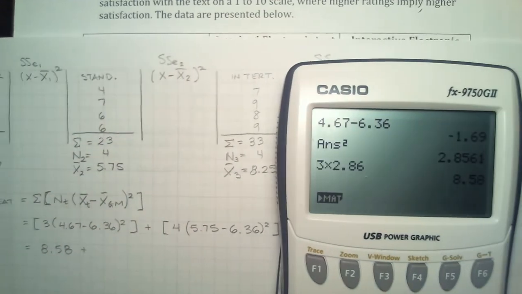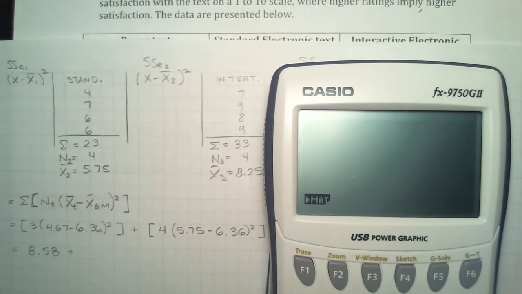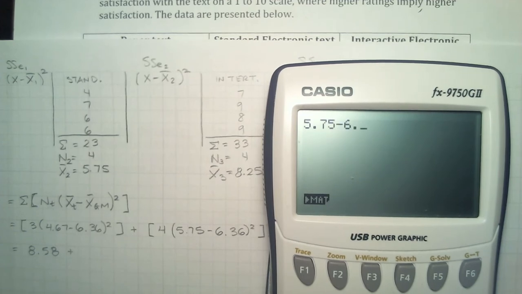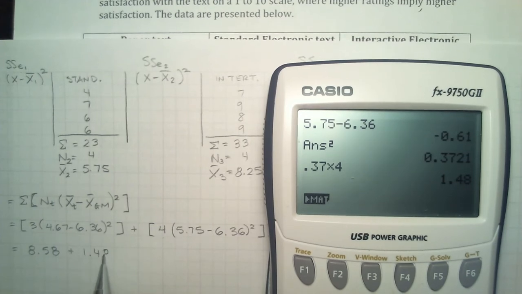Now I'm going to do the same for the second group. 5.75 minus 6.36 is negative 0.61. I square that and I get 0.3721. So 0.37 times 4, which is my n, is 1.48.